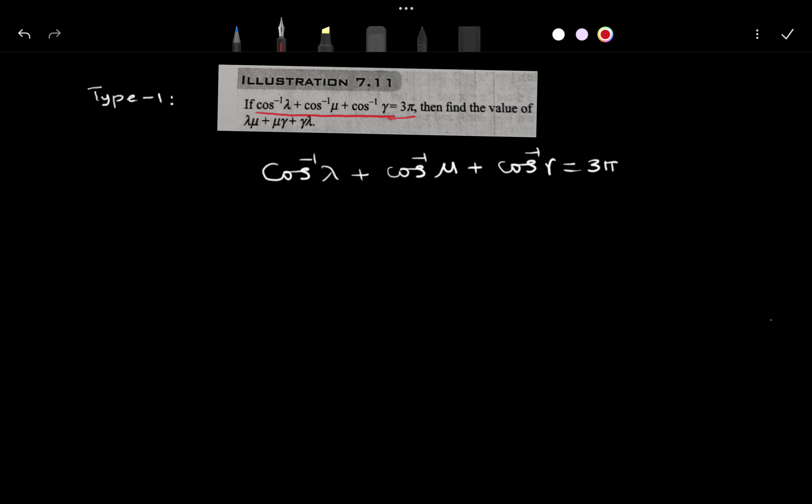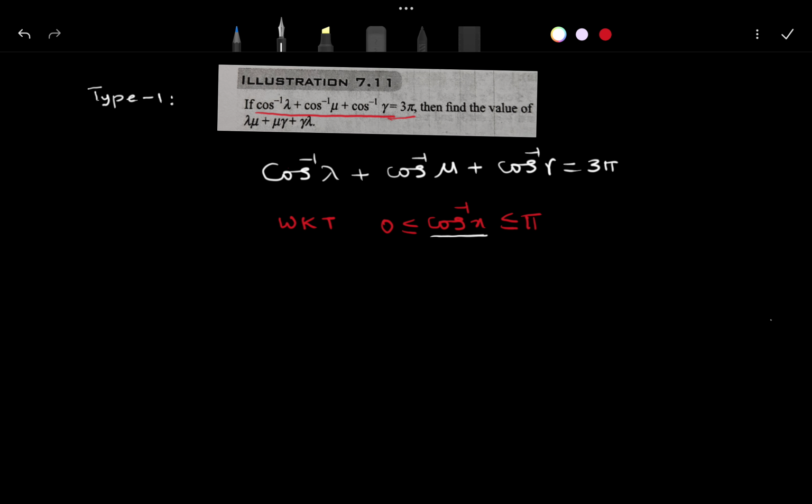You know one fundamental. What is that fundamental? We know that the range of cos inverse of x is 0 to pi. So now you can take the cos inverse of x values to satisfy the given condition.